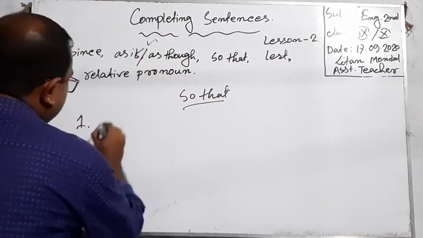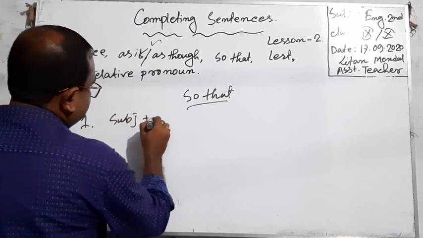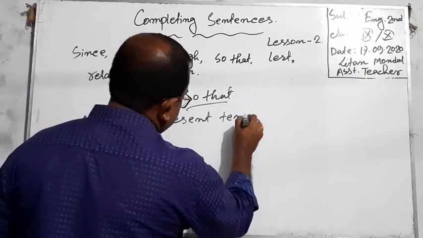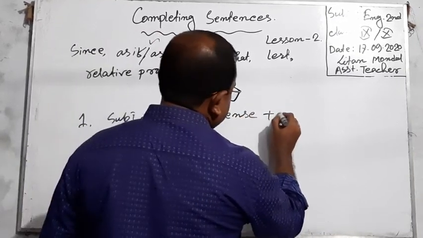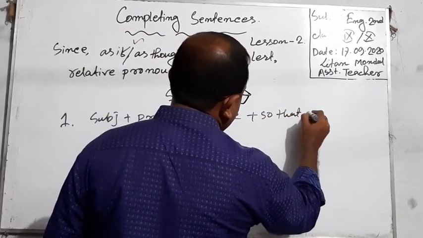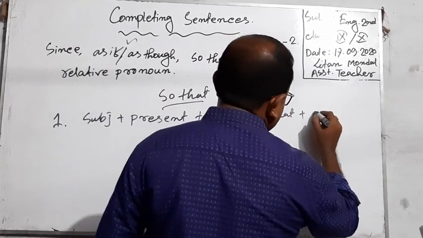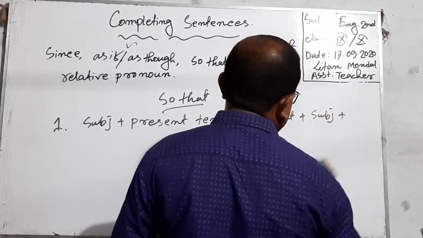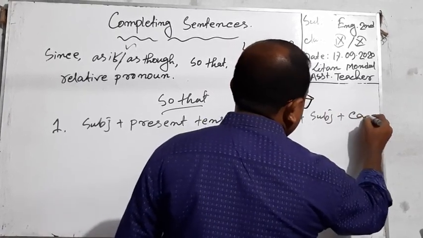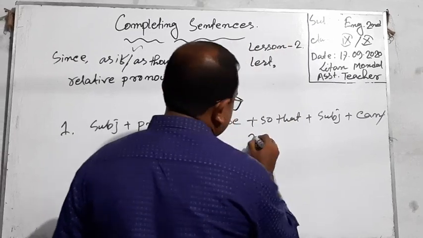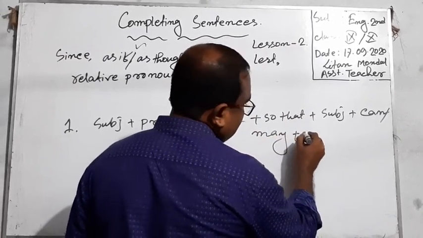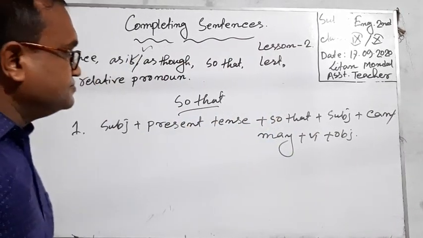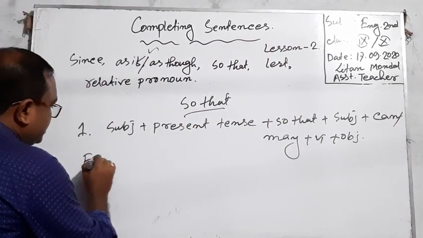The first one, subject plus present tense plus so that plus second subject for the second clause, subject plus, we have to use here a modal can or may plus V1 plus object. Yeah, clear? Okay, let's see the example.